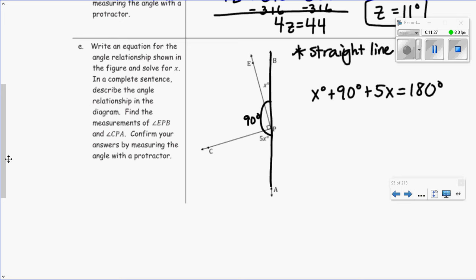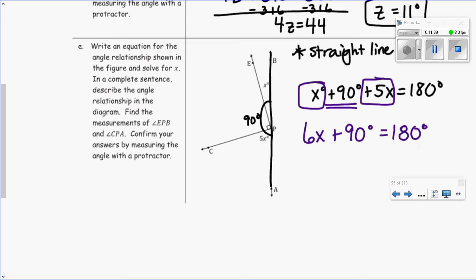And then we know that we can combine the x terms, so positive x and positive 5x is positive 6x. And then the number is on its own, so I just do plus 90. Okay? And now that still equals 180, and then go ahead and solve it, pause it, and try it, because this is just a two-step equation.